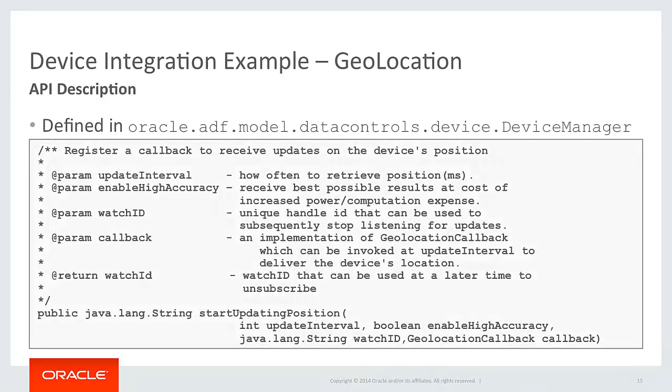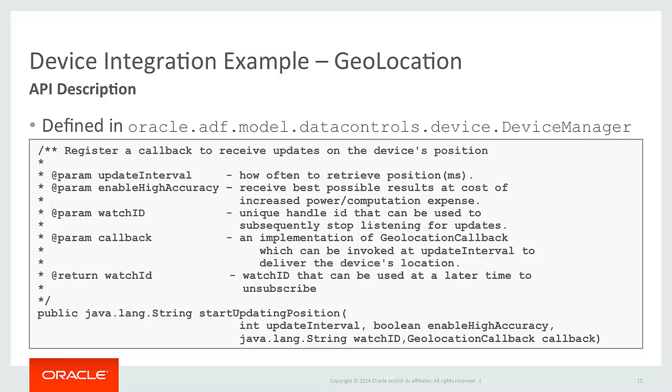Another example is how to access geolocations, and here of course we have two use cases. One is just to know where I'm standing right now, and one is to track where I'm going. So if I'm moving and I want to print that on a map, then that's something I can do with the GeoLocation API as well from Java. Again, I have different arguments here. So one is the interval in which the position is updated.